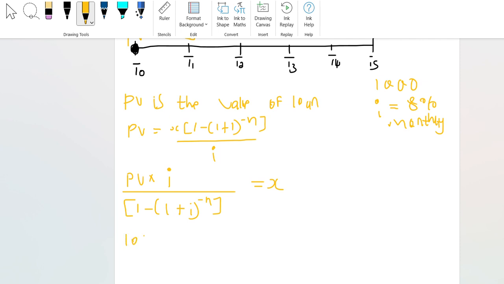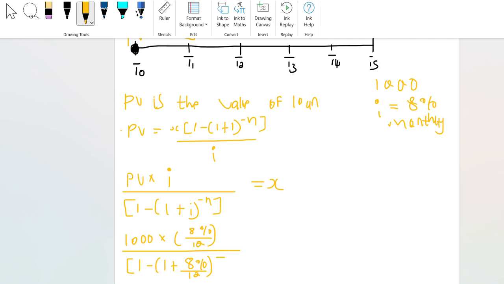PV is 1,000 times the interest rate, which is 8% divided by 12 since it's being compounded monthly, and I divide by the bracket 1 minus (1 plus the interest rate, which is 8% divided by 12) to the power of negative n, right?